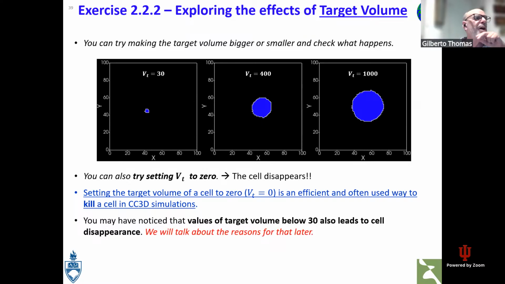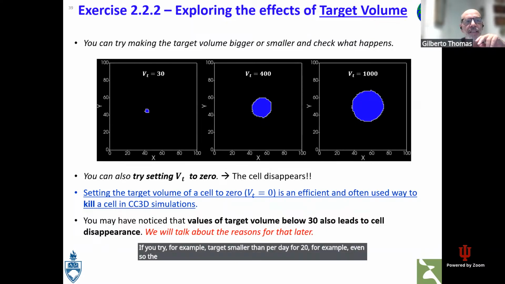If you try, for example, a target smaller than 30, 20 for example, even so the cell will disappear.